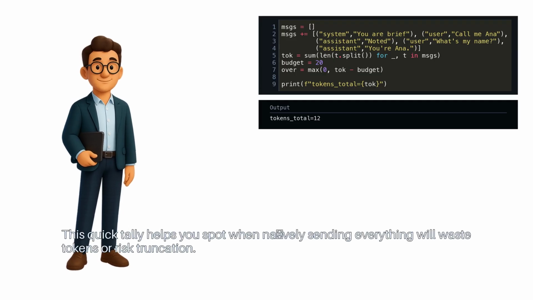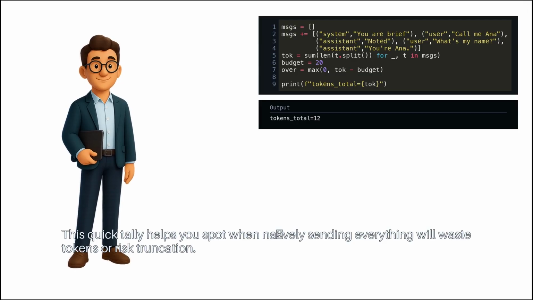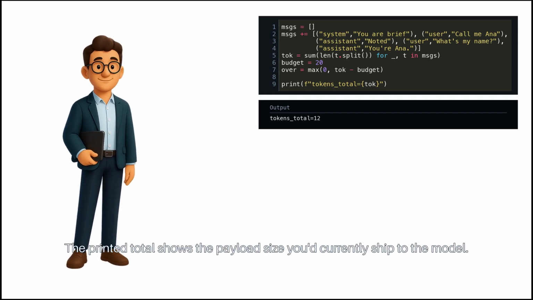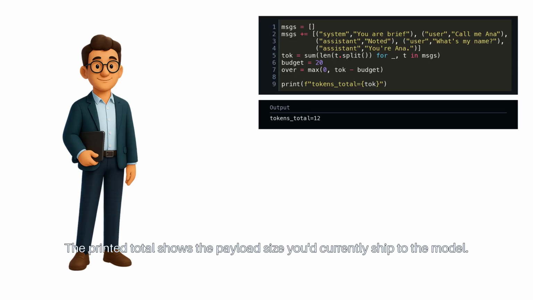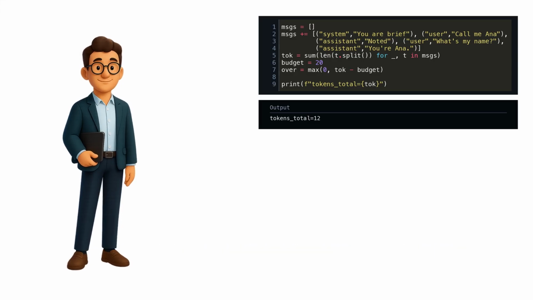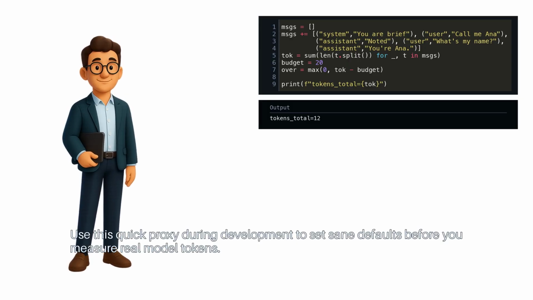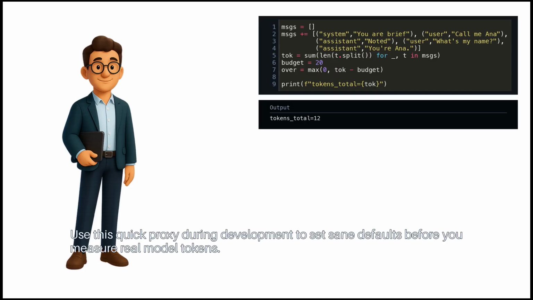This quick tally helps you spot when naively sending everything will waste tokens or risk truncation. Increasing budget reduces over. Decreasing it increases pressure to trim. The printed total shows the payload size you'd currently ship to the model. Use this quick proxy during development to set sane defaults before you measure real model tokens.